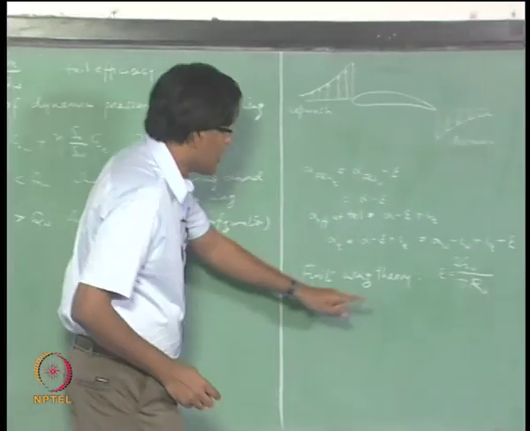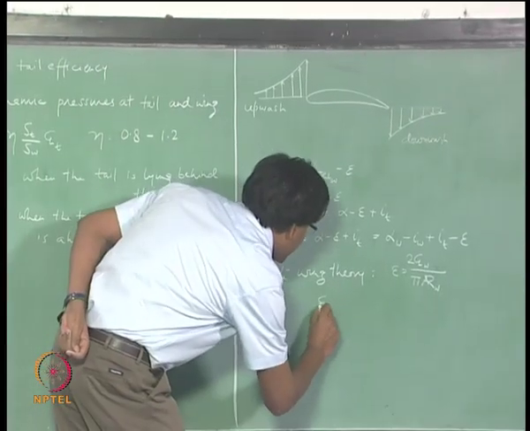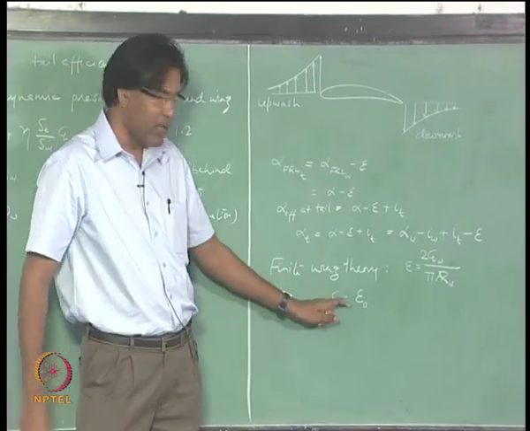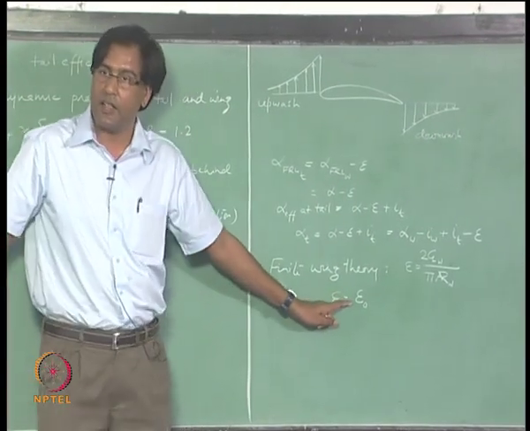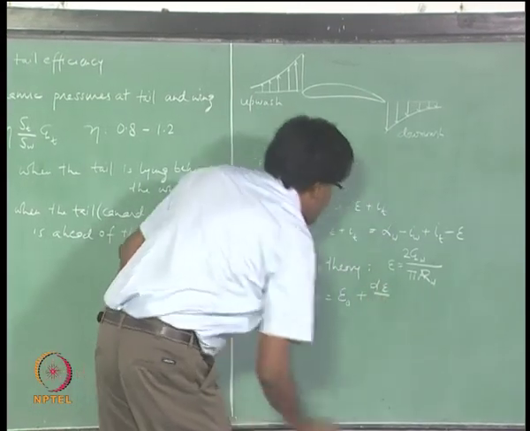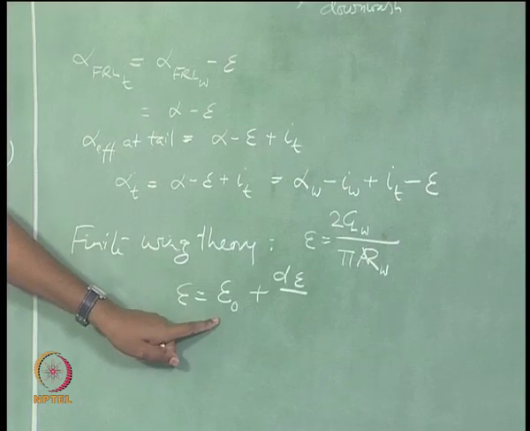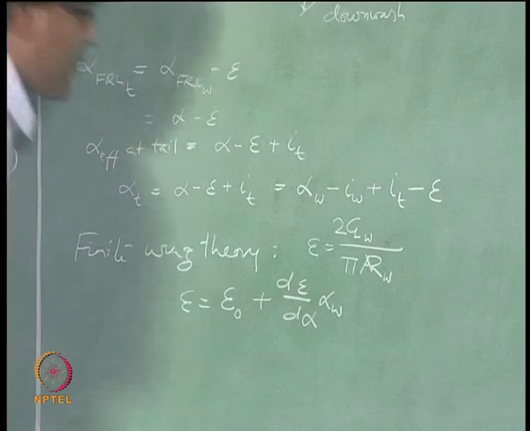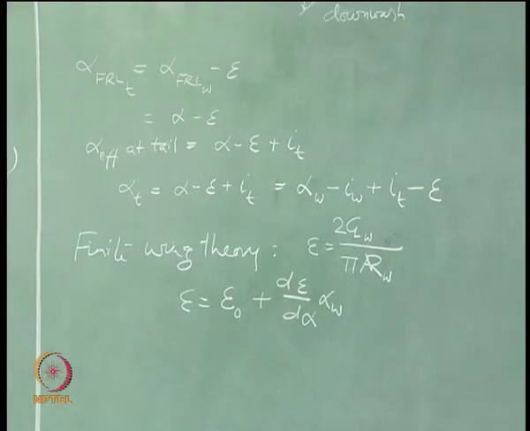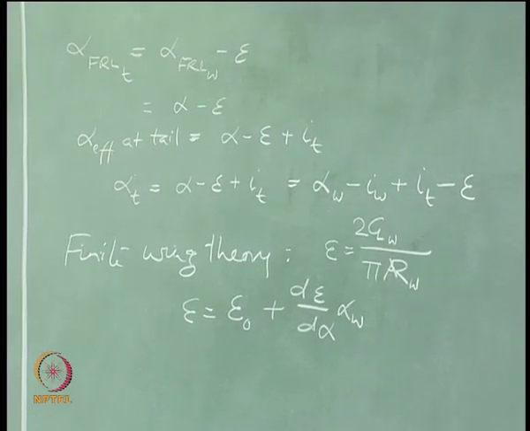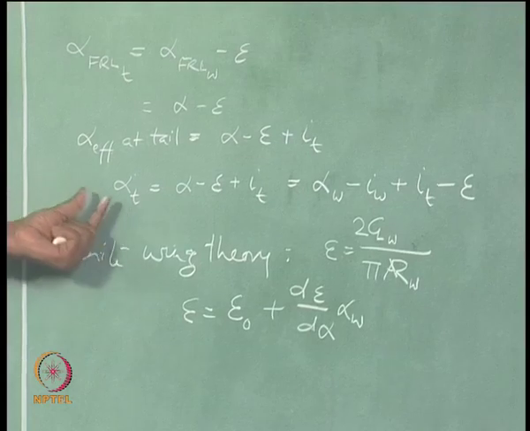This epsilon is also a function of angle of attack. So you can write this as epsilon equal to epsilon naught at 0 angle of attack of the wing, plus a term. So you can further expand this.